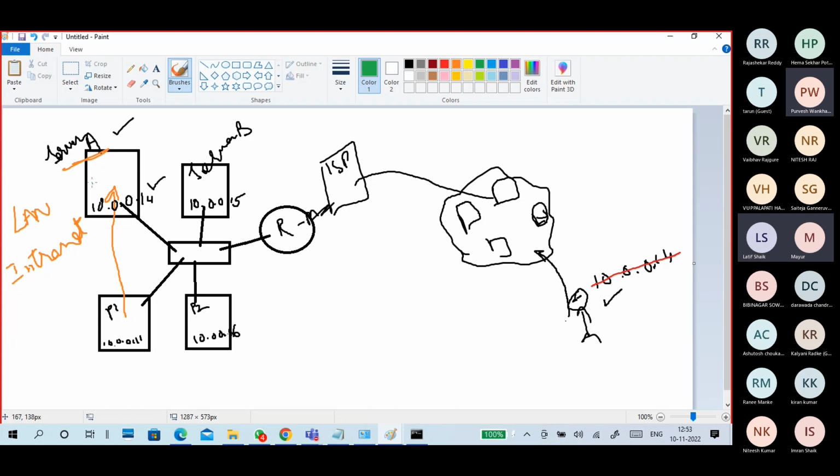For example, I'm putting 121.10.5.3. 121 is not in our range, right? You can use 11 also, 12 also. Why should you use a very big one? I'm using 12. This is my IP address, 12.10.5.3. Then he tries 12.10.5.3. This is my public IP address.